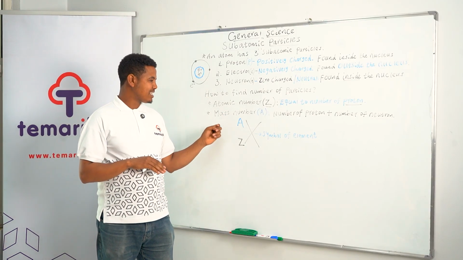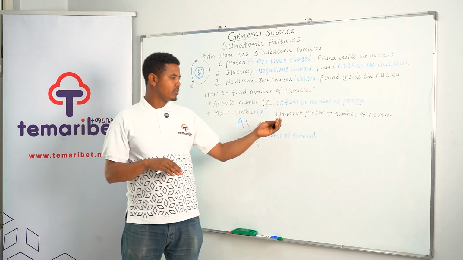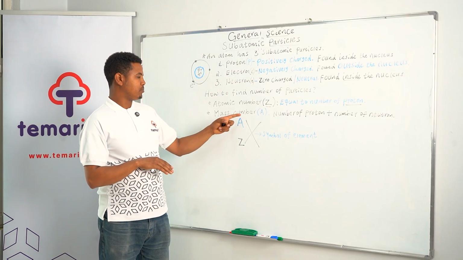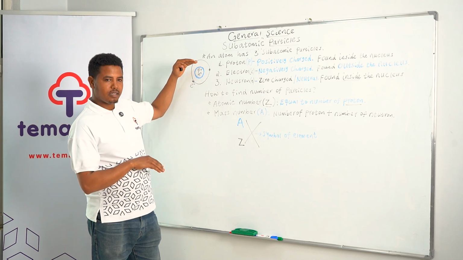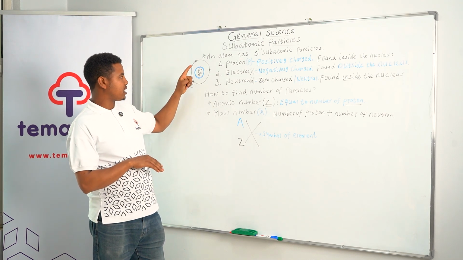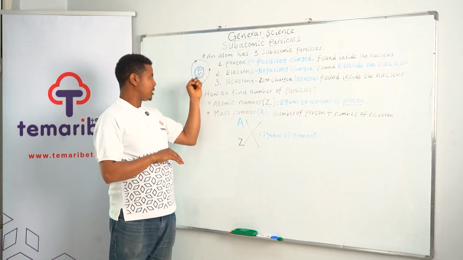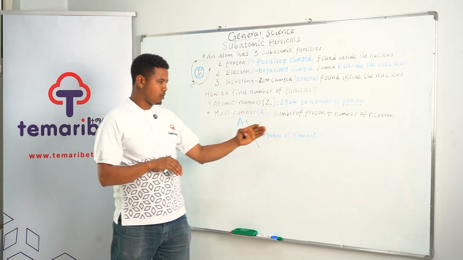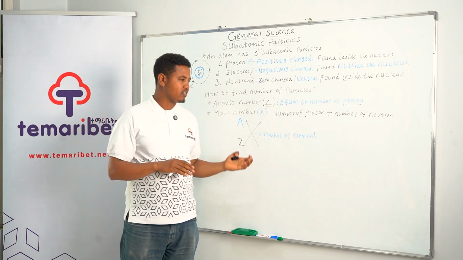But mass number is calculated by the sum of protons as well as neutrons. As I told you, these two subatomic particles, proton and neutron, are found inside the nucleus. So the mass is interpreted from the nucleus part, which is the sum of the proton and neutron. Now let's see with examples.